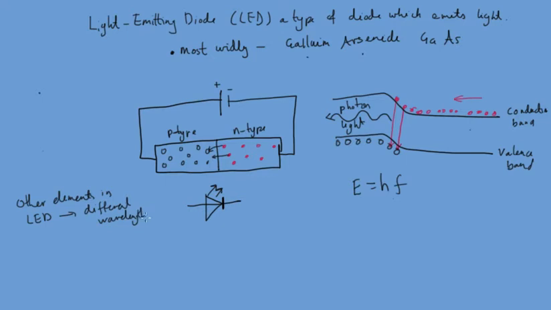By knowing what the energy drop's going to be for different types of semiconductors, we can engineer an LED to give us a very specific type of light. So when we add nitrogen with phosphorus, we get orange and yellow light. If we don't use arsenic, we'll get green light.